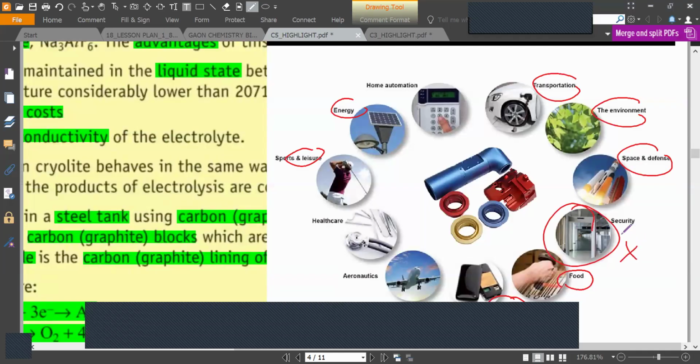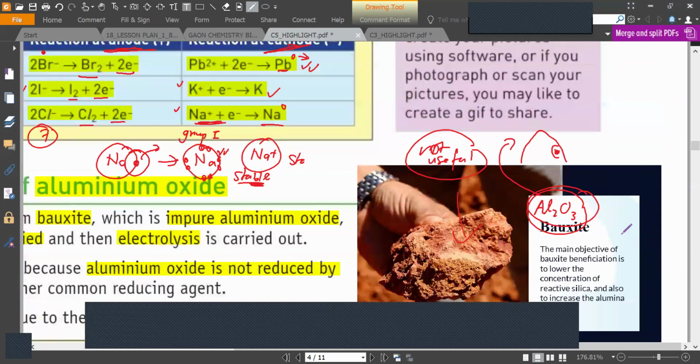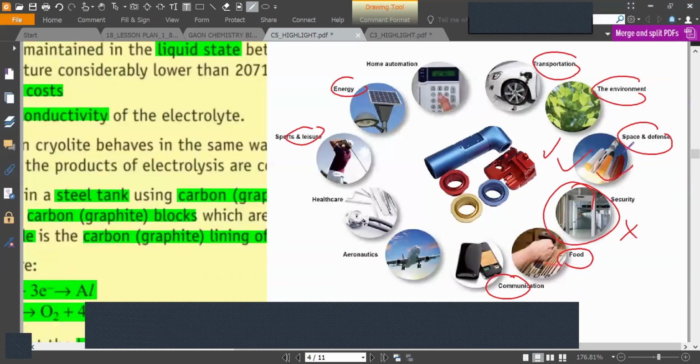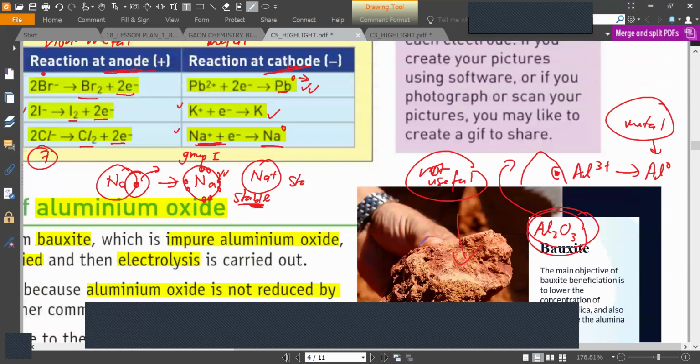So this aluminium 3 plus, we need to return back to the aluminium metal. This one is having so many uses, while the Al2O3 is not useful. So we want to return it back to the metal.